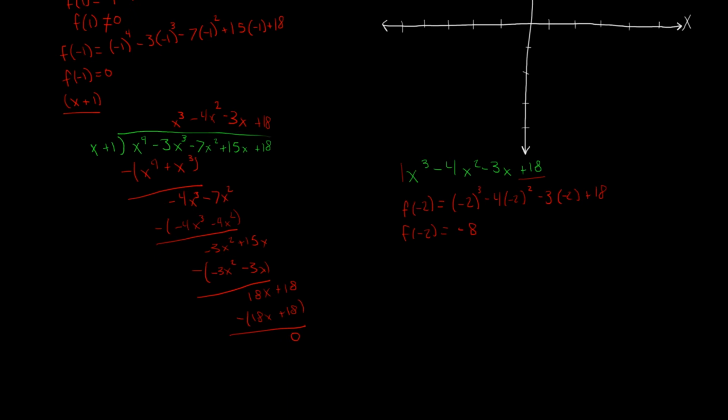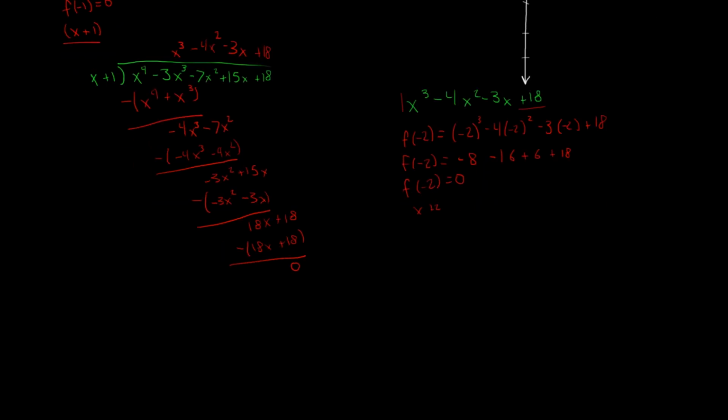Positive 4 times negative 4 is minus 16. And then this is going to be plus 6. This is going to be plus 18. So, negative 8 minus 16 plus 6 plus 18. If you do the math for this, this is going to be equal to 0. So therefore, x plus 2 is also going to be a factor.